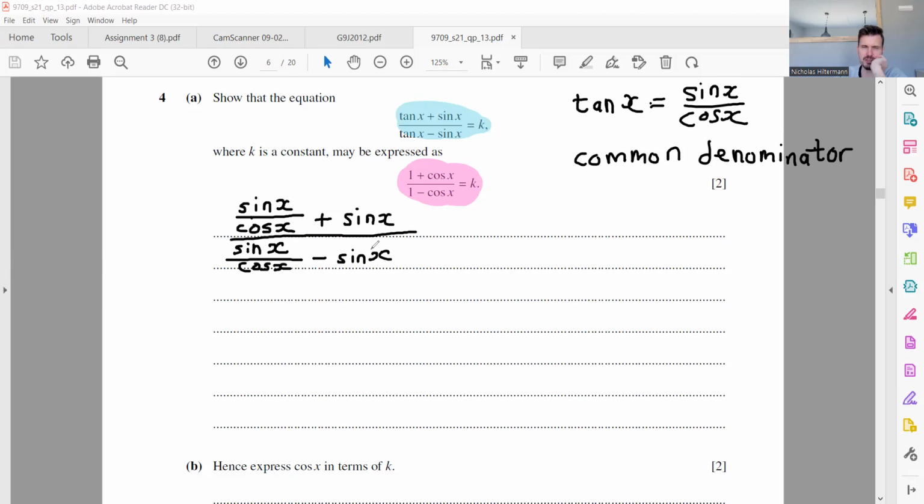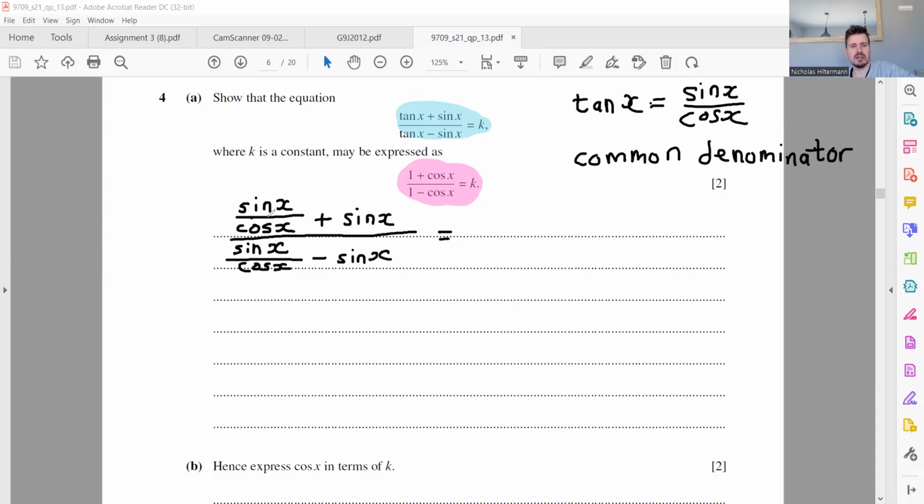But what you must do is follow the rules that are set out for you. So the one is to turn tans into sines and coses. The other is to get a common denominator. And so even though you may not be able to see how this complicated thing in blue is going to become this complicated thing in pink, it's going to work if you follow the rules, hopefully.